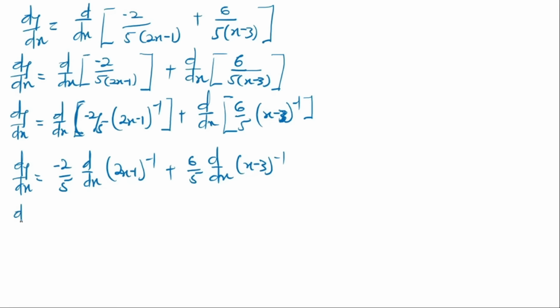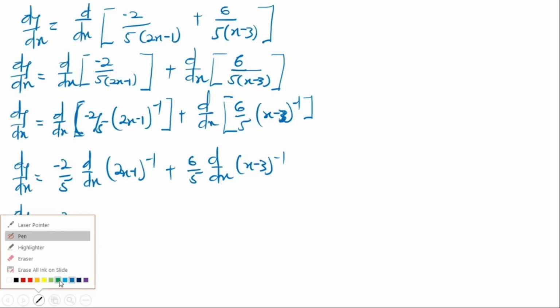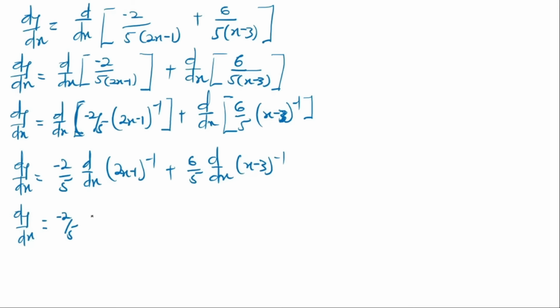So it means our dy dx for this example is, we still have the constant negative 2 on 5. Let me use another color for the rest, deeper blue or violet. So if I am to differentiate this function, first of all I need to differentiate it as a whole. So it means the negative 1 will come and multiply the entire function, then we subtract 1 from the power.